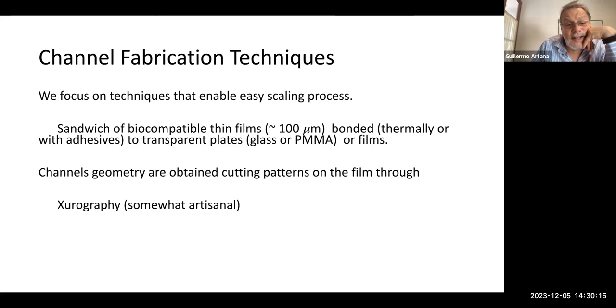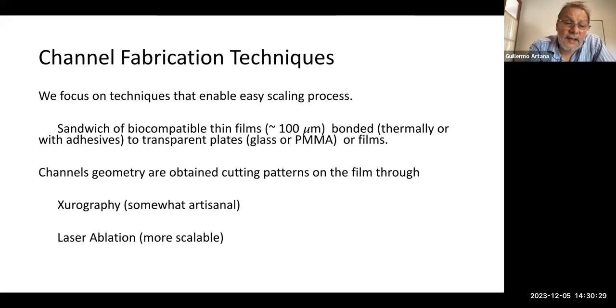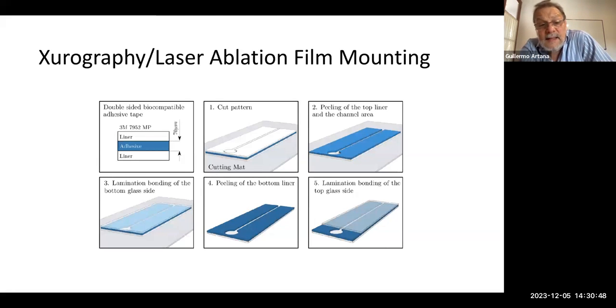This means with razor blades, a system that is like a printer, but instead of inkjets you have razors there, or also by laser ablation. You use CAD files in which you design the film, and you can cut the pattern on thin films quite easily, and then you bond them to the microscope slides or to the PMMA that you have already prepared.